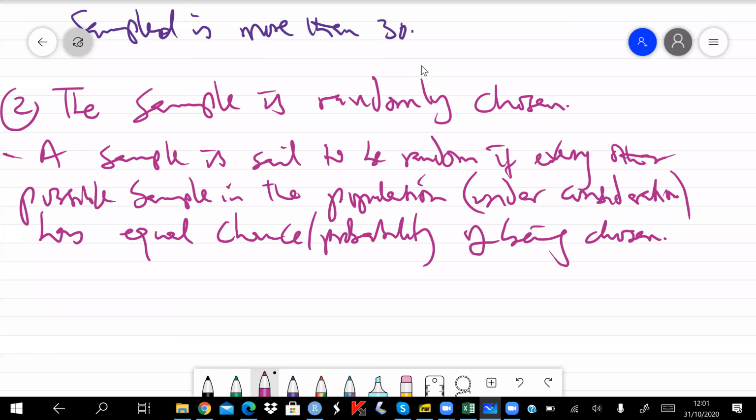If every other possible sample in that population under consideration has equal chance of being selected.